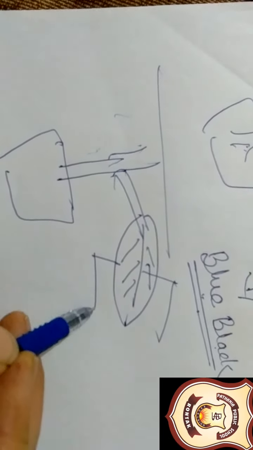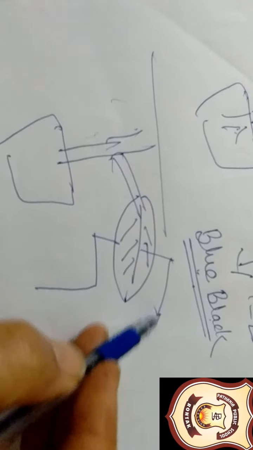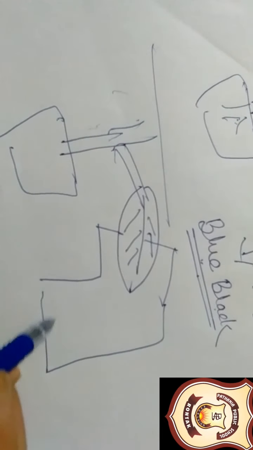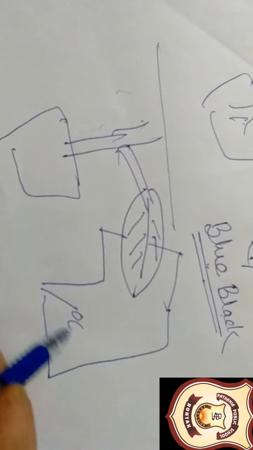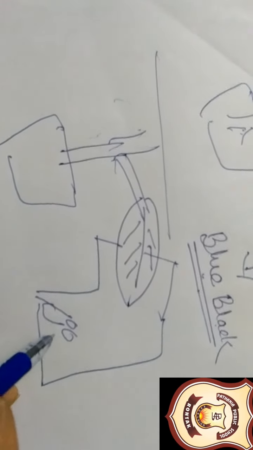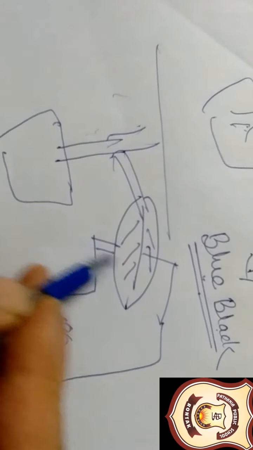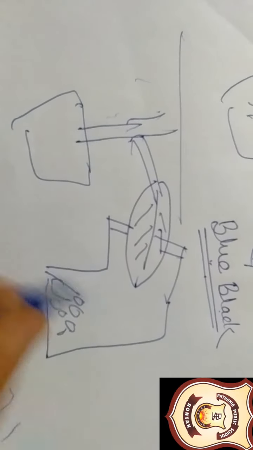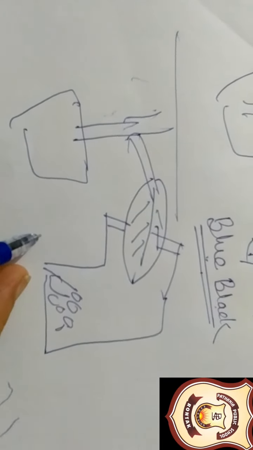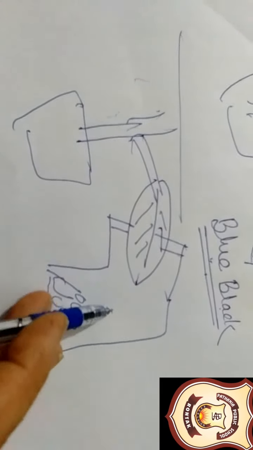Suppose this is the bottle in which the KOH is there, in a test tube. This is the cork by which this leaf is inserted into this jar. Now this whole apparatus is kept in the sunlight, and after 3-4 hours it will be brought back to the room, and then we will pluck the leaf.